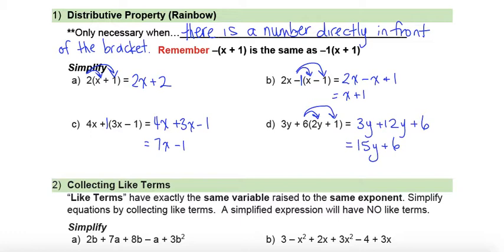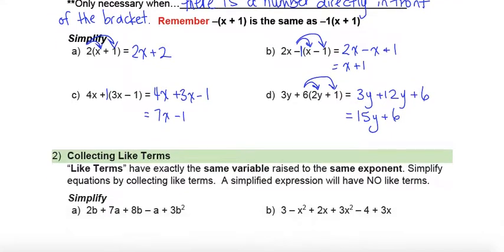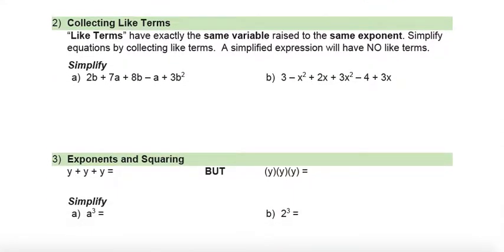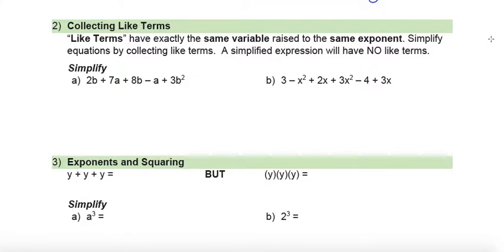So the next thing we're going to look at, which we've already sort of touched on a bit in reviewing the distributive property, is collecting those like terms. So remember, like terms have exactly the same variable raised to the same exponent. And we simplify expressions by collecting like terms, and a simplified expression will have no like terms. So that's important.